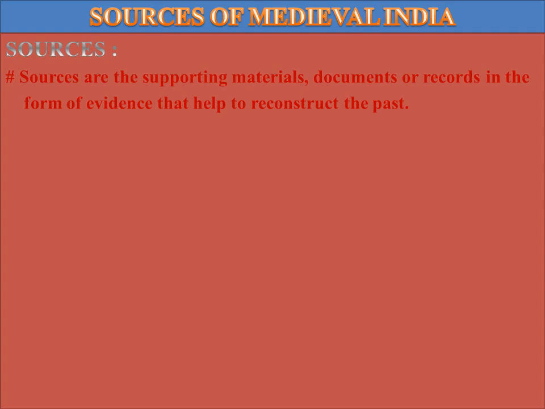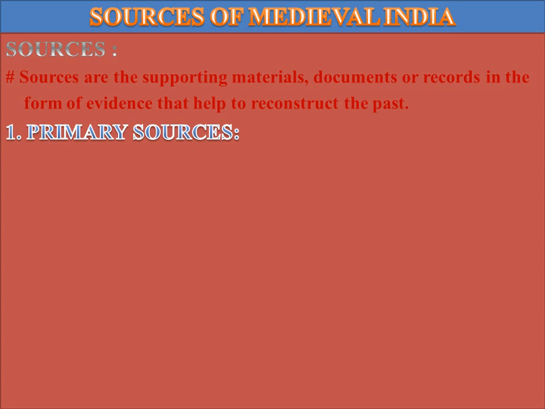Now we are going to learn about sources of the medieval period. Sources are the supporting materials, documents, or records in the form of evidence that help to reconstruct the past. We examine the details of political, economic, and socio-cultural developments with the aid of sources.